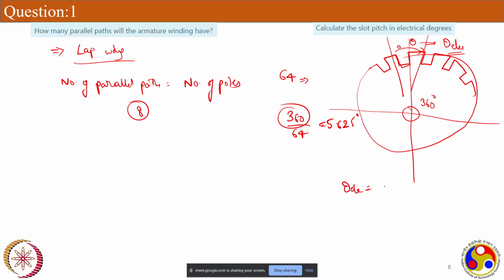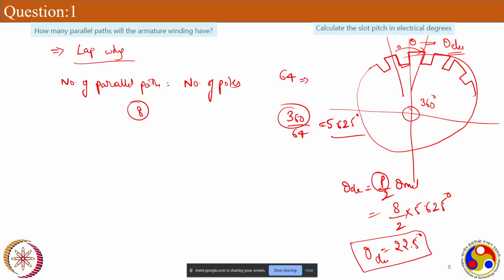So theta electrical is equal to P by 2 into theta mechanical. P is nothing but poles. Now how many poles do we have? 8 poles, so 4 into theta mechanical, 5.625, which is 22.5 degrees theta electrical.